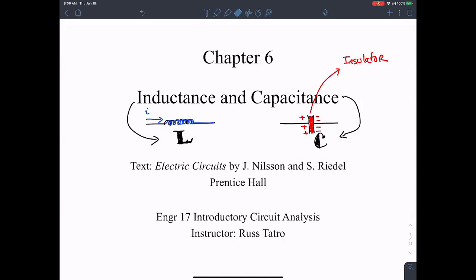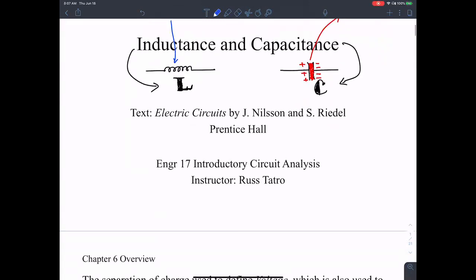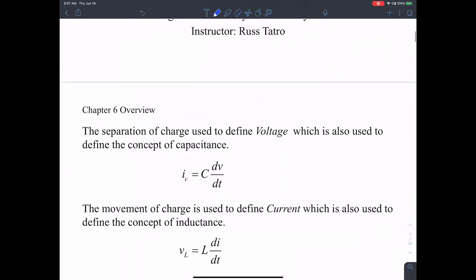That's the idea of inductance, and then there's the idea of capacitance. Fundamentally, these are two new circuit components that we are going to discuss. This is a wire, a winding, a coiled wire.